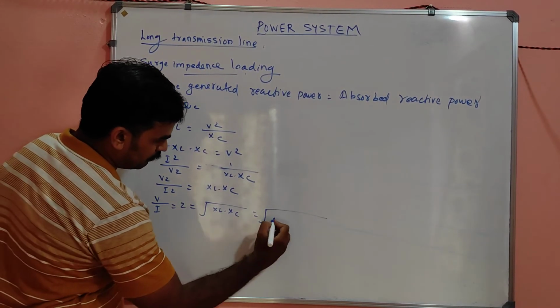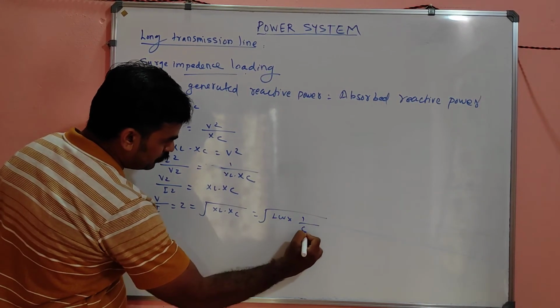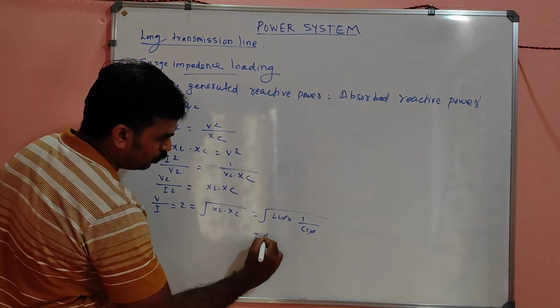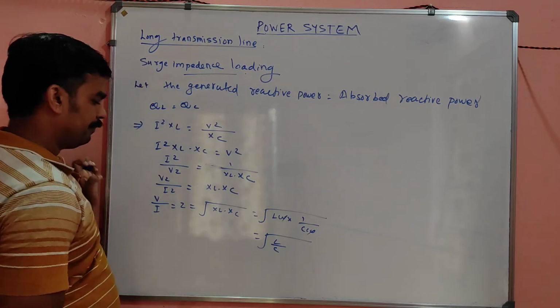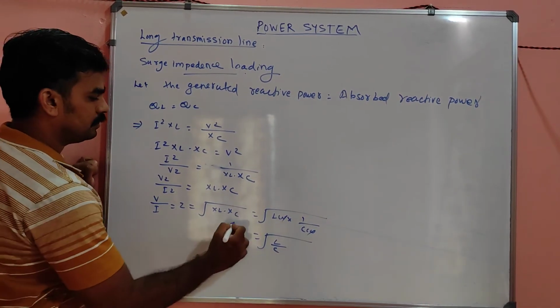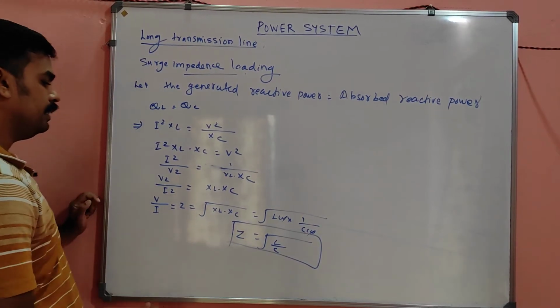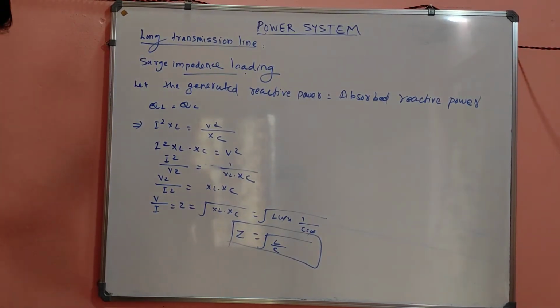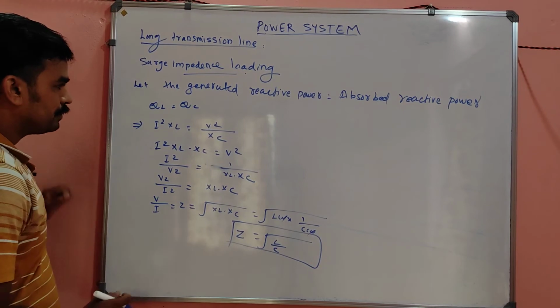It's nothing but, my dear, root of XL, which is L omega, and XC, which is 1 by C omega. Omega will cancel. Root of L by C is equal to Z. Z is equal to what, my dear? Root of L by C under this condition.